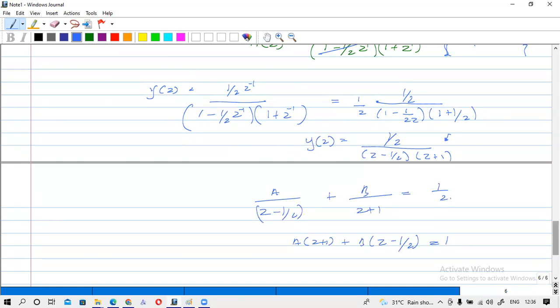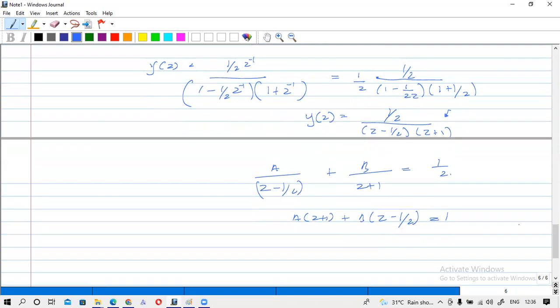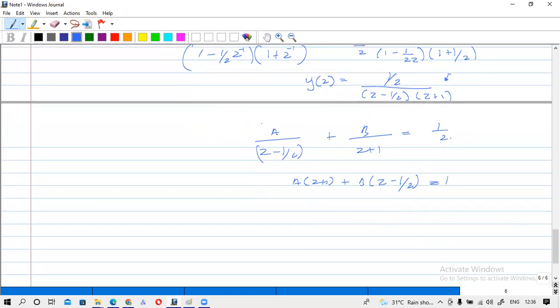If I consider z equal to half, this part will cancel, so A is 1 over (1/2 plus 1), which is 1 over 3/2, so I get 2 by 3. This will be my A.